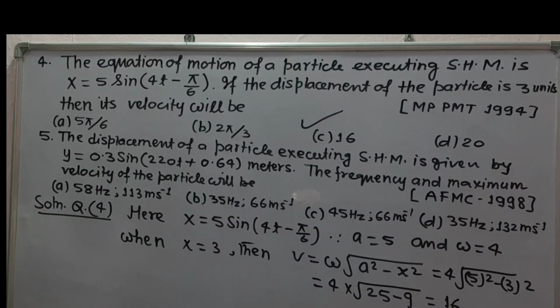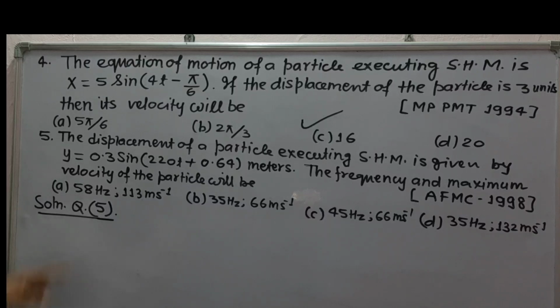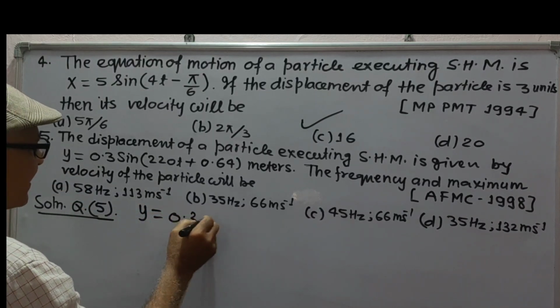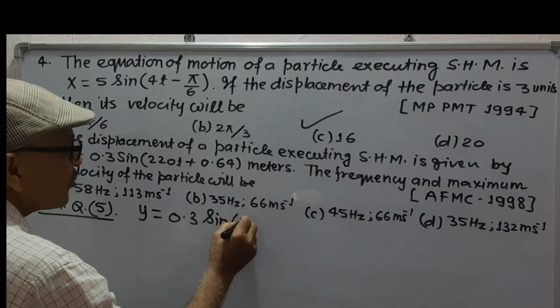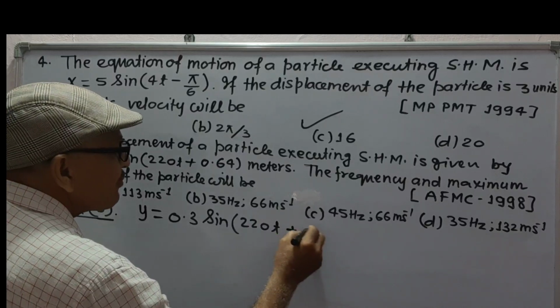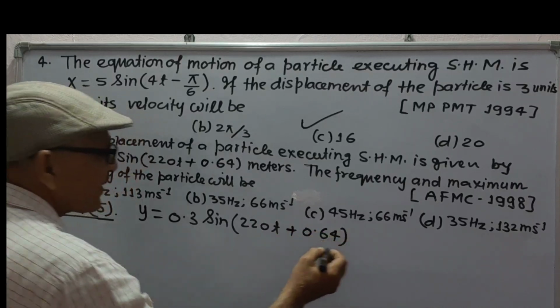Next question number 5. The question is, the displacement of a particle executing simple harmonic motion is given by y is equal to 0.3 sin 220 t plus 0.64 meters. The frequency and maximum velocity of the particle will be. Solution to question 5. Here y is equal to 0.3 sin 220 t plus 0.64.